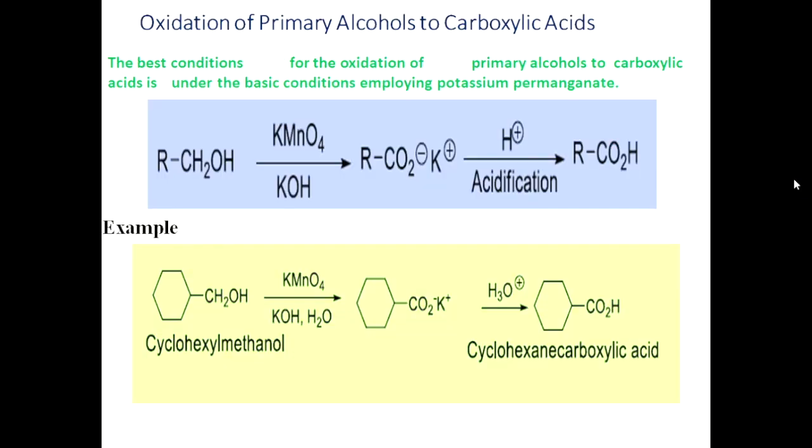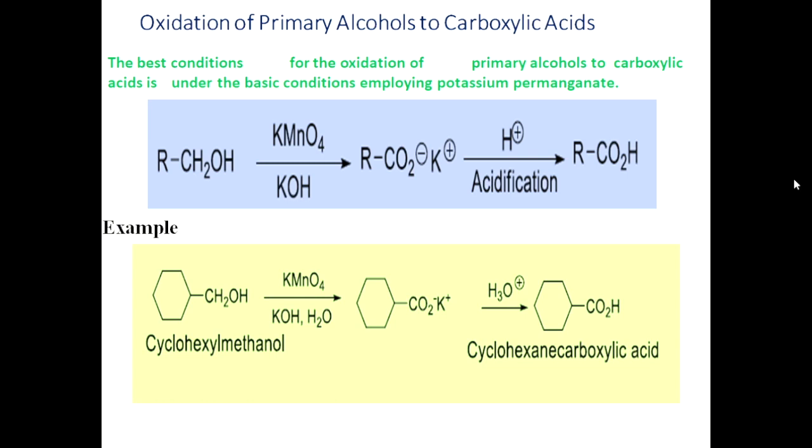Now, if you see the primary alcohol oxidation, when alcohol undergoes oxidation with KMnO4 in the presence of potassium hydroxide as a base, the potassium carboxylate salt is formed, which on acidification will lead to the formation of carboxylic acid.